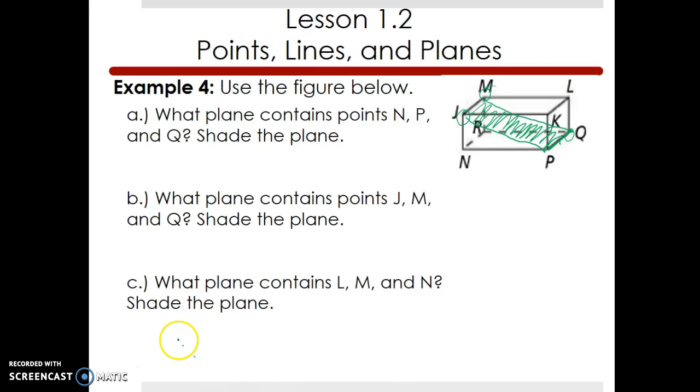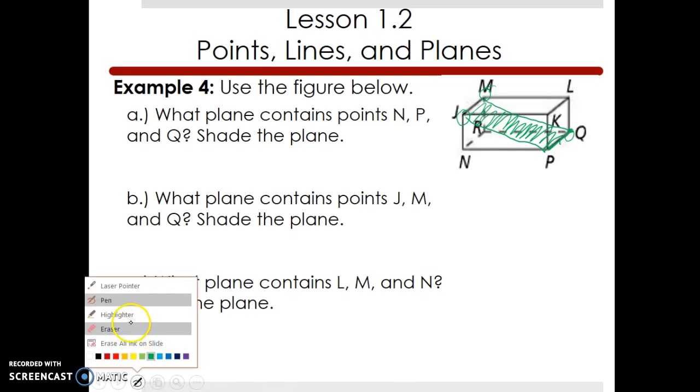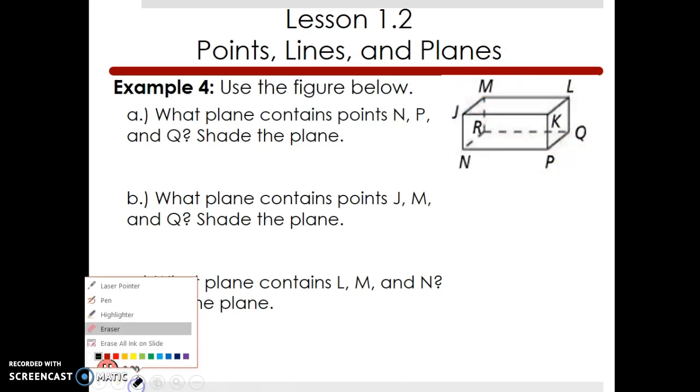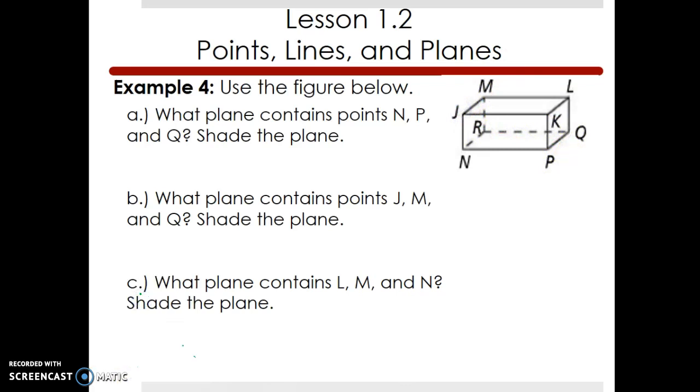And the last question is what plane contains L, M, and N? Again, it's the diagonal plane that contains them.